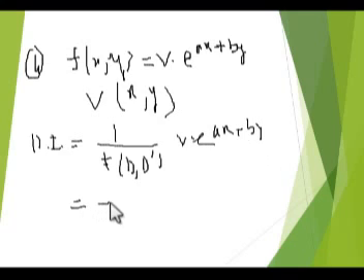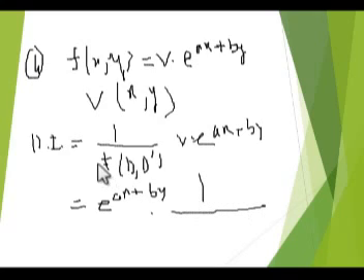You have to bring out e to the power ax plus by, and then you have to replace F(D, D') in this way: replace D by D plus a and D' by D' plus b. So from where will you get a and b?